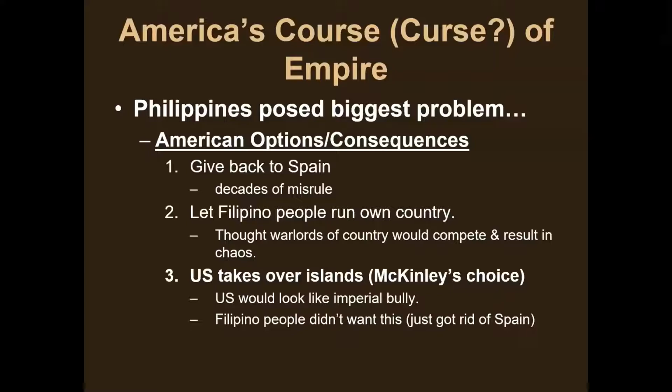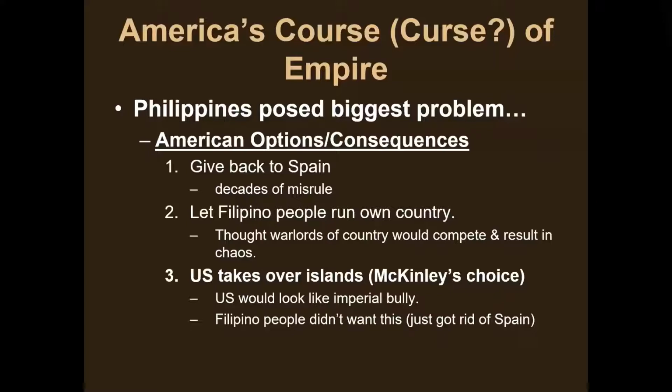There were some thoughts of letting the Filipino people run their own country, but the fear was that rival warlords within the country would start a civil war. So when you have removal of power, then you have groups fighting over power, and that would result in chaos for the Philippines. And so the third option, and ultimately what President McKinley chooses to do, is that the United States is going to take over the Philippines.